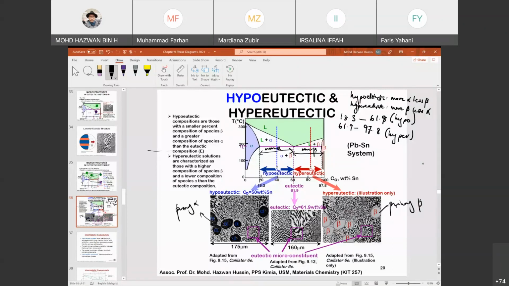Some basic definitions of hypoeutectic and hypereutectic are normally asked during exams or tests, so make sure you understand what hypo and hyper mean. The easiest way to memorize it: hypo you have more alpha, less beta; hyper you have more beta, less alpha. As simple as that.